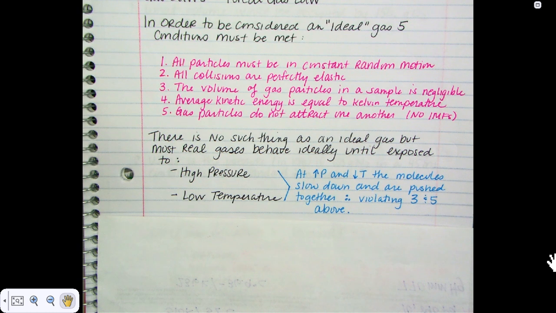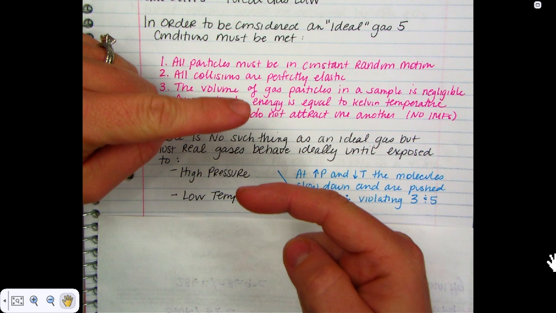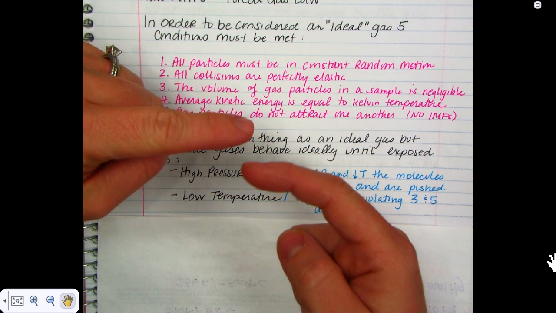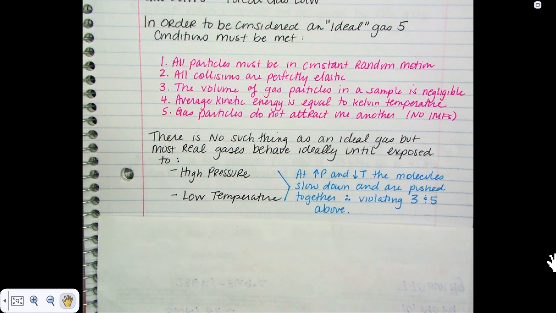But if you slow them down and they start to pass each other at a slower clip, the chance of them making those instantaneous intermolecular attractions as they go by increases. So increasing the pressure and decreasing the temperature is going to cause us to violate the 5 parts of what's called the kinetic molecular theory that governs ideal gases.